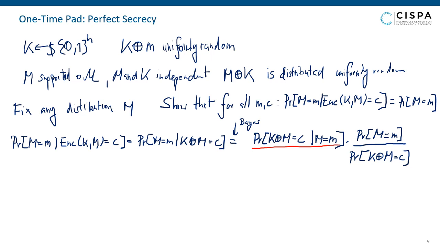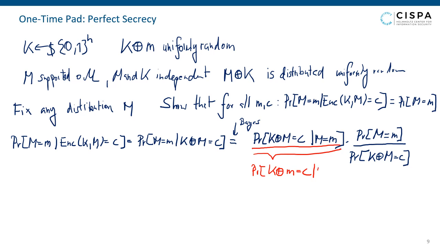Well, we know k and M are independent, so we can write this first as the probability k XOR lowercase m equals c, because we condition on capital M being lowercase m, so we can just substitute capital M for lowercase m.